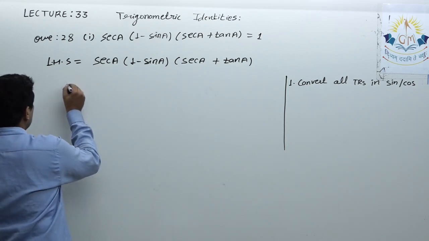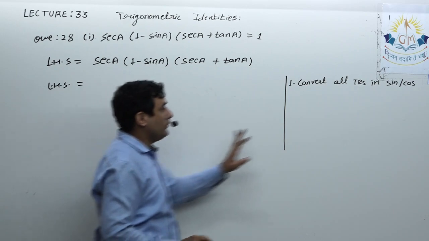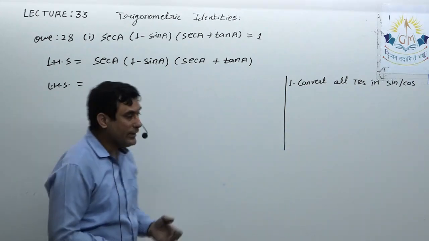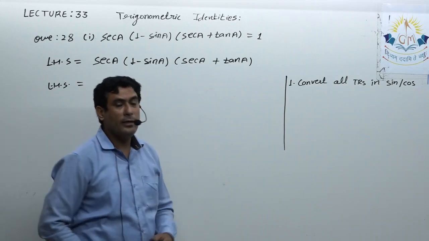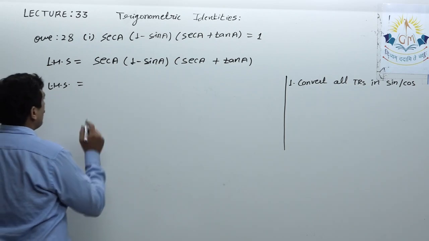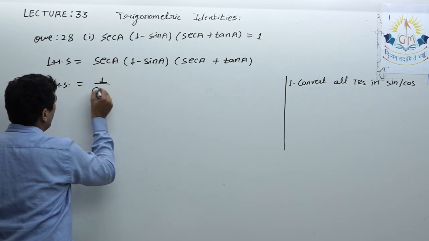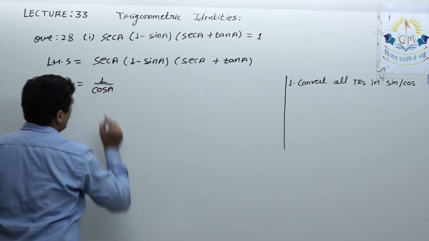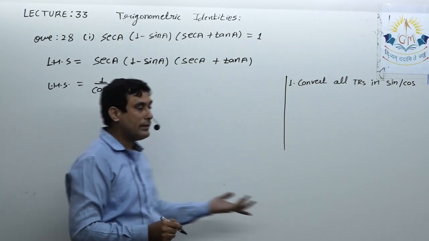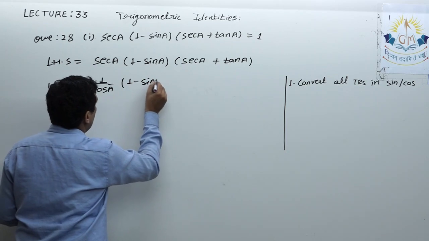It is not necessary that only if you convert in sine and cos will you be able to prove it, but definitely it will help you, or it might take less time. So here sec A, I can write as 1 upon cos A. The trigonometric ratios which are already in sine and cos, we keep as they are. So 1 minus sine A.